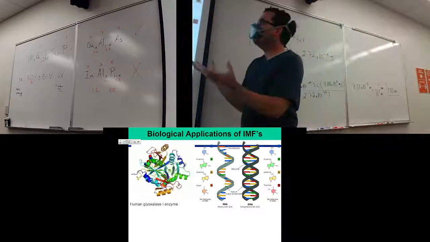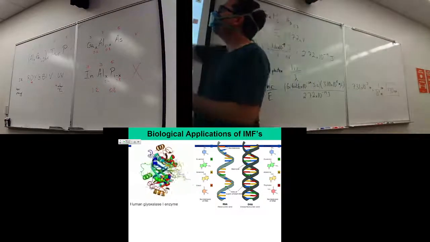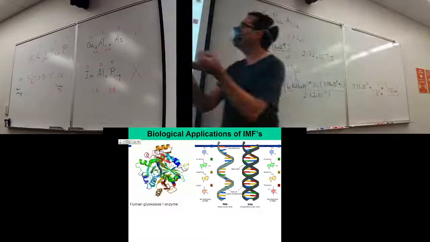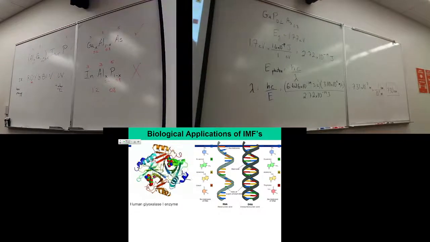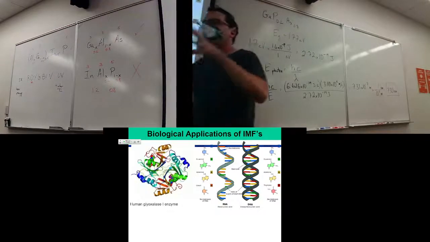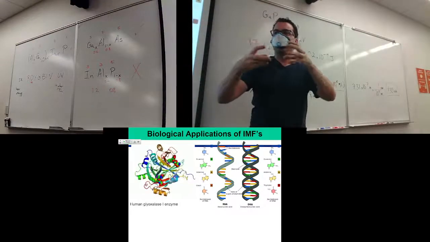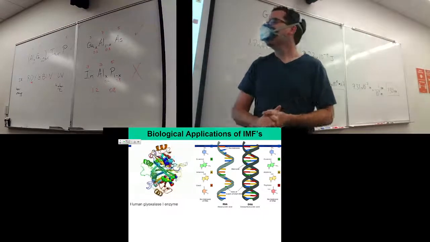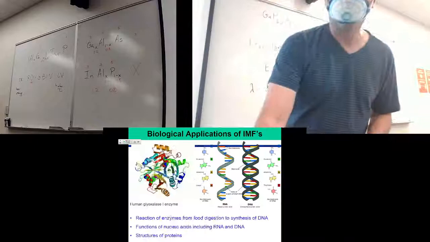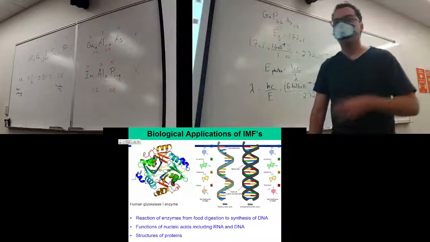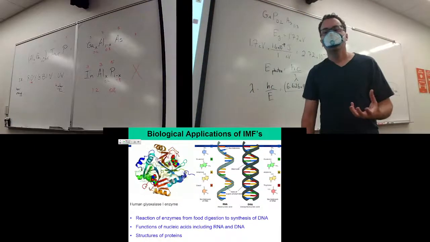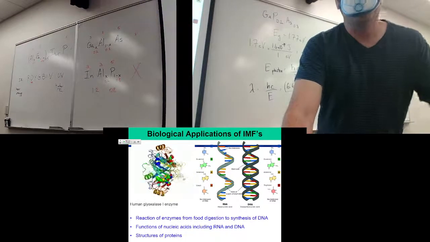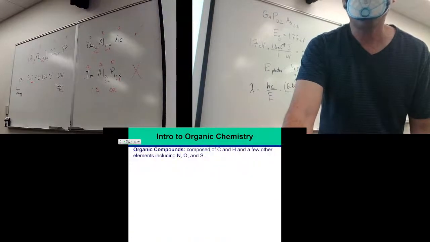And if you've learned any biochem, you might have learned adenine and thymine go together, guanine and cytosine go together. Why? It's because they are perfectly matched to do intermolecular forces with each other. So this is super, super important. Even though it's one of the weakest forces in chemistry, it's one of the more important ones. I mean, they're all important, let's put it that way.